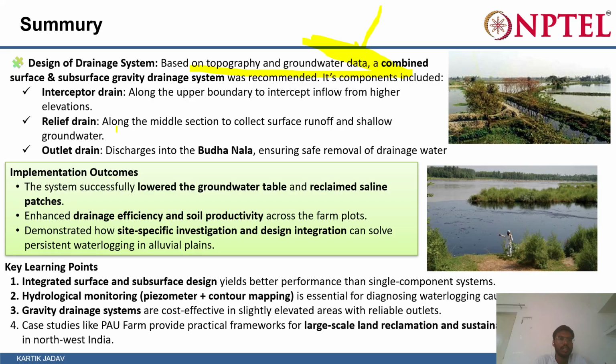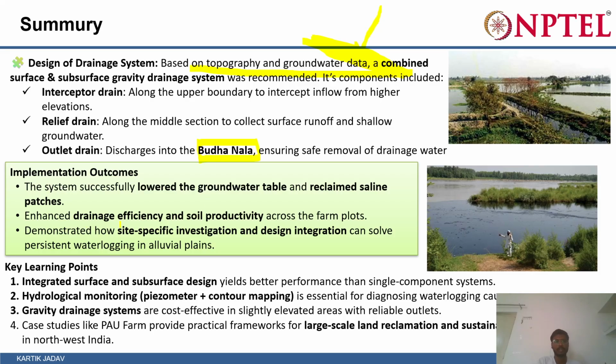Then a relief drain along the middle section to collect surface runoff and shallow groundwater, and then an outlet drain to discharge into the Buddha Nala. So it's basically collecting this drainage water and discharging it into the local Buddha Nala, ensuring safe movement of drainage flow. After implementing this system, they observed that it successfully lowered the groundwater table and reclaimed the saline soil.